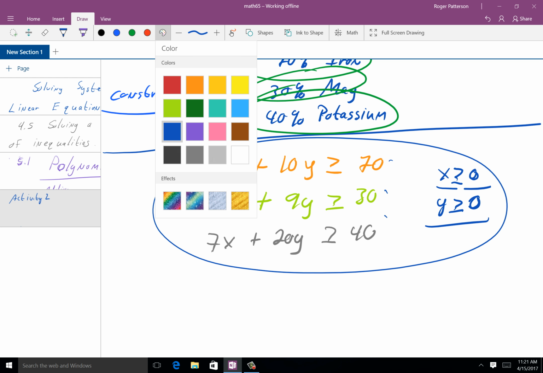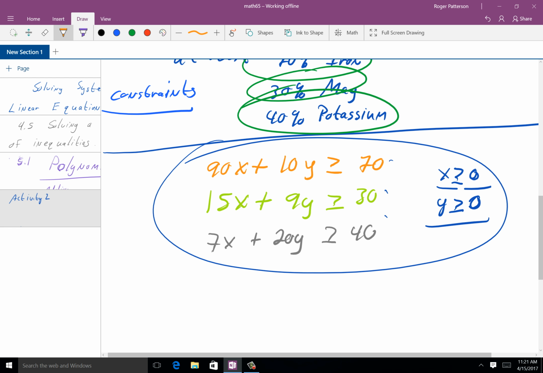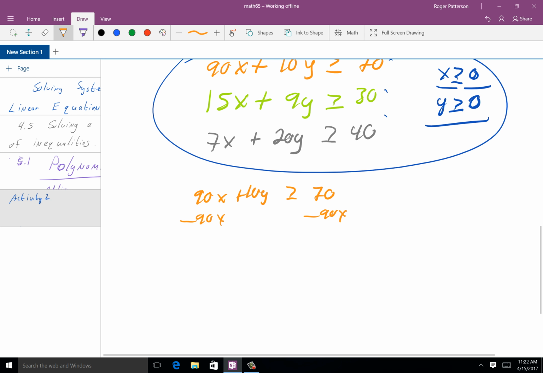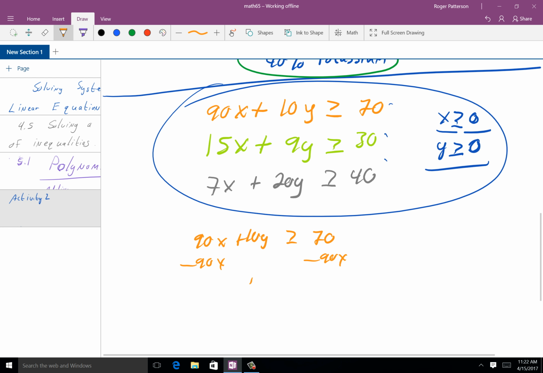Solve for y. So I'm going to take the orange one here and solve for y. I'm going to move this over to here, move this over to here. 10y is greater than or equal to negative 90x plus 70, divided by 10, divided by 10.